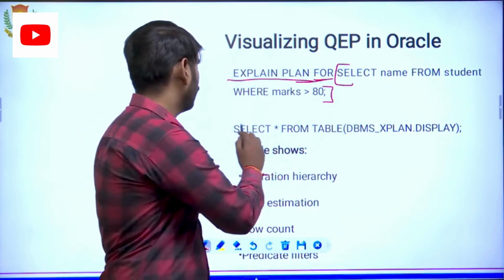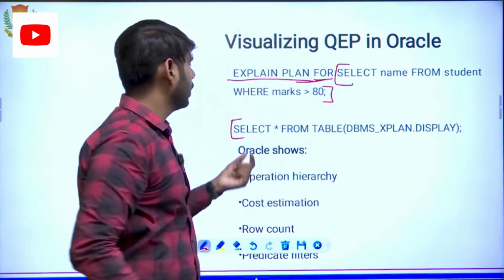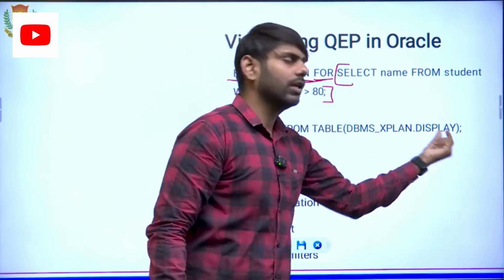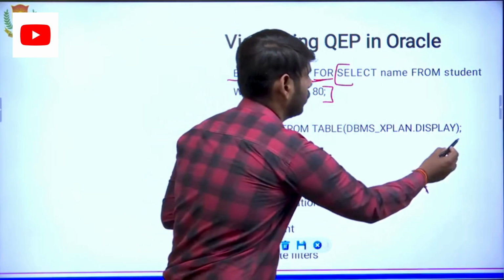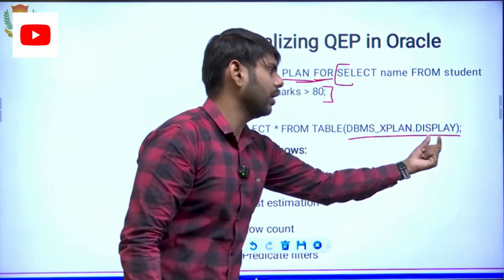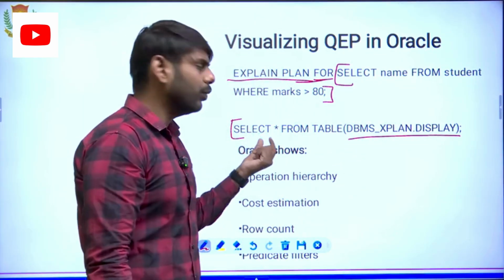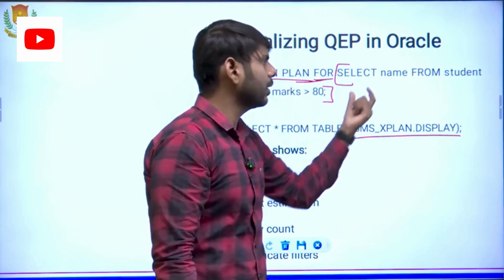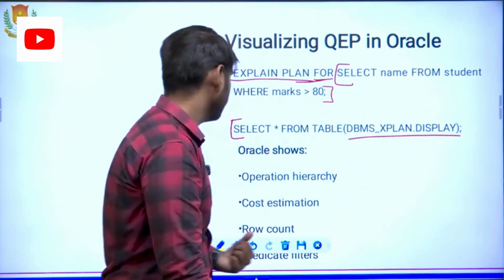Then what you are going to do? Select star from table DBMS_XPLAN.DISPLAY. By using this display function of the package, you will now see the table for this particular plan.